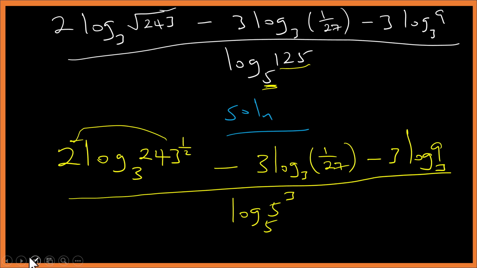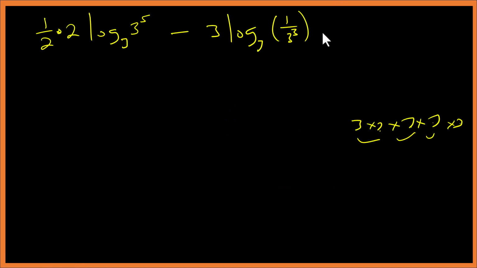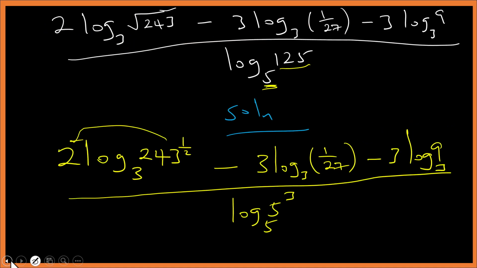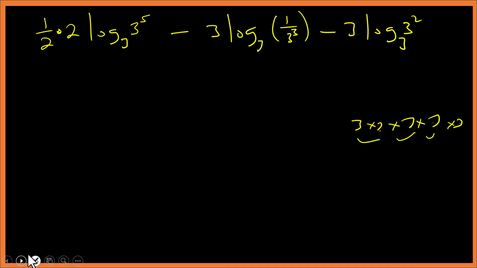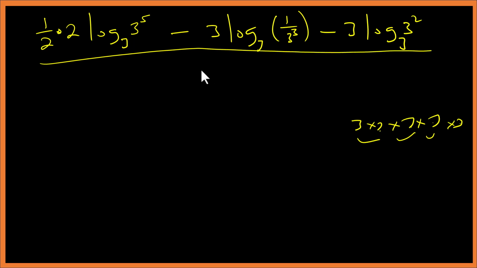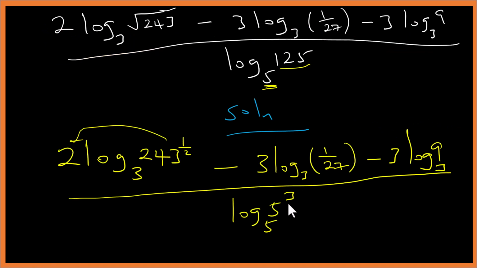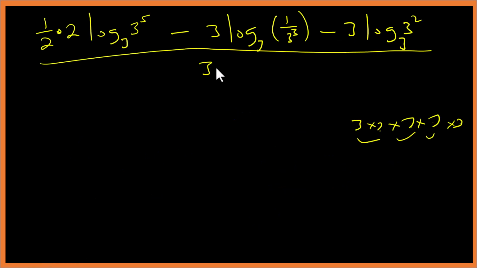So minus 3 log 3 squared, that is 9. So we have, look, the 3 here will be 3 log 5 to base 5.